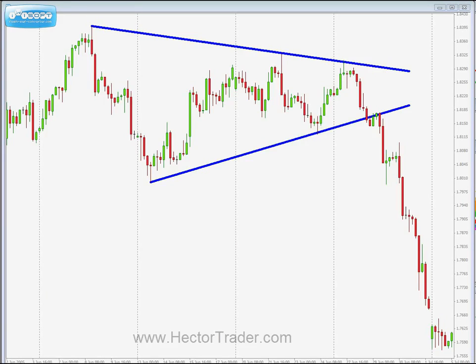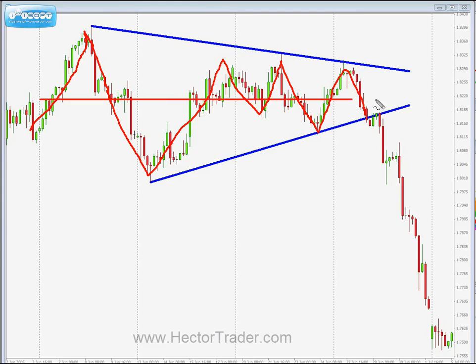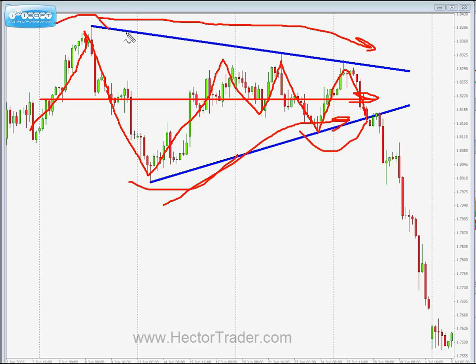Okay, so as I was saying, price clearly gets into this consolidation area, bounces up and down within the triangle boundaries, basically moving sideways as you can see, but also tightening in, with higher lows and lower highs.